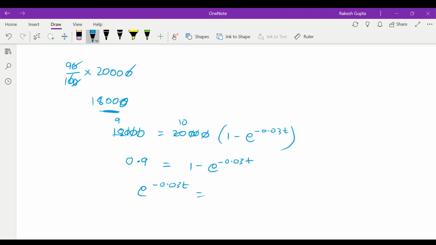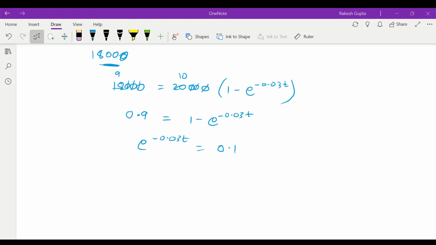I'm just rearranging: e to the power minus 0.03t equals 0.1. Now I'm going to take ln on both sides.